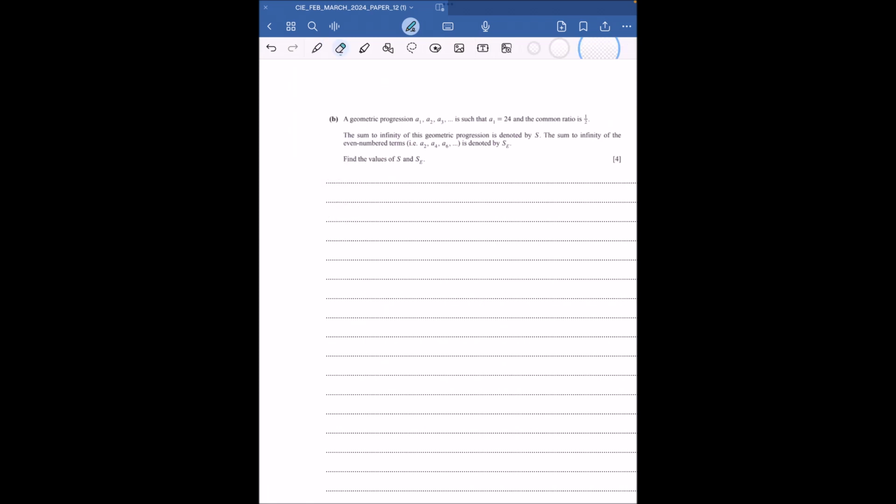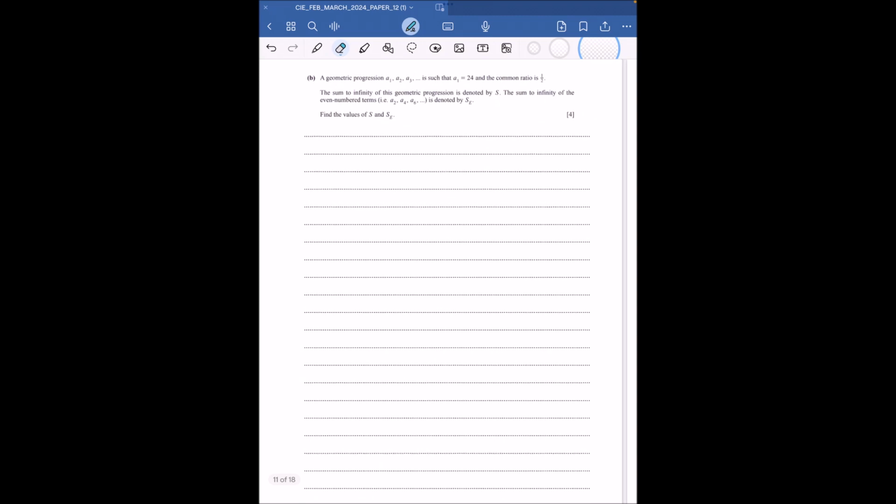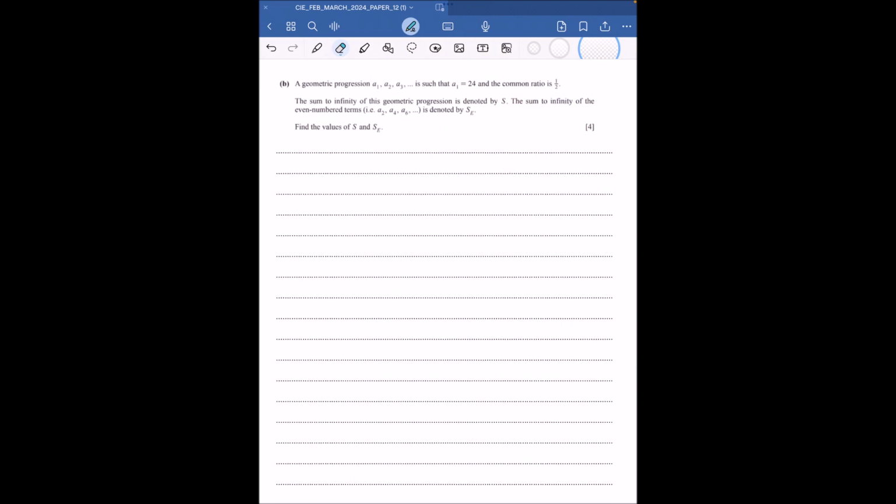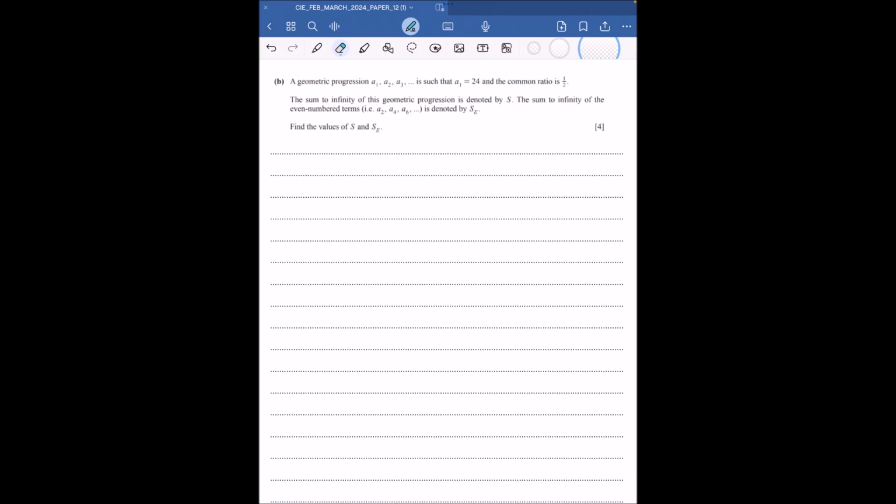Okay, now let's see what it's saying. So AP and GP mixed together, CIE. A geometric progression has A1 this. So A1 is 24.